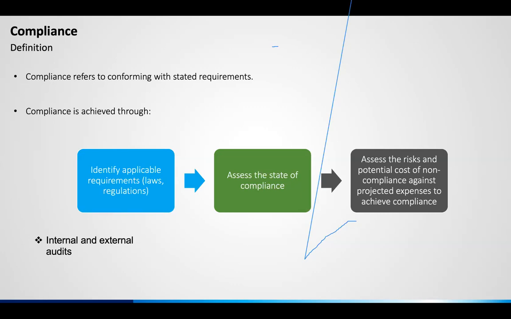Then again, an external audit could also happen if you've implemented a framework or a standard that you need to comply with. The certification body will send external auditors to come and audit you every other year to make sure that you're complying with the said standard.